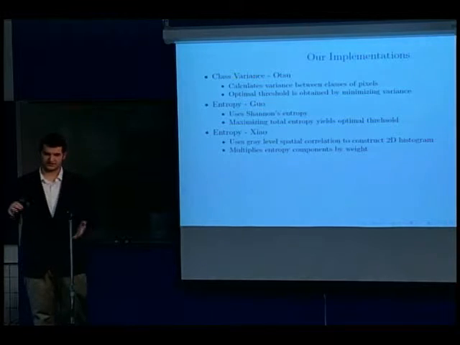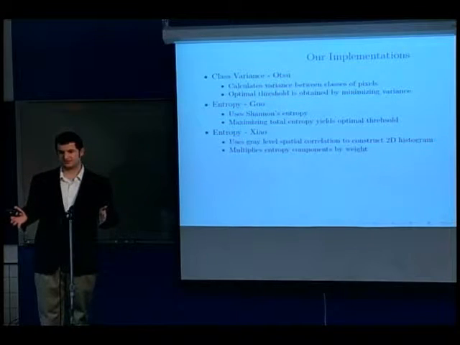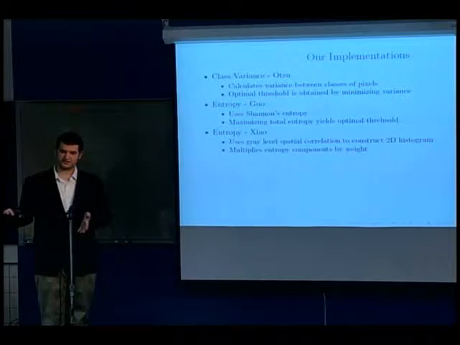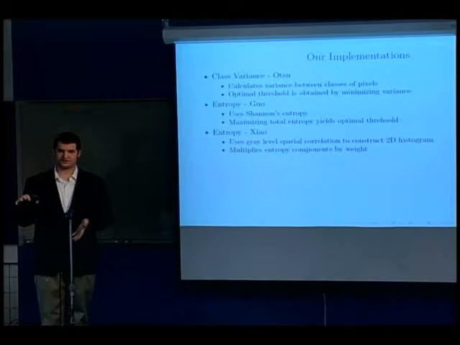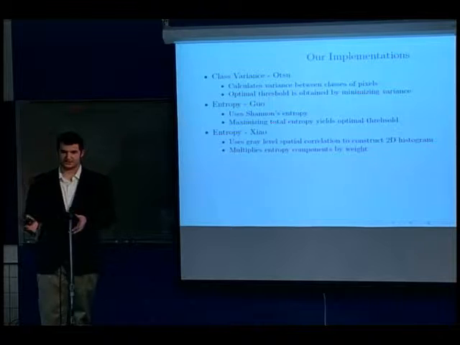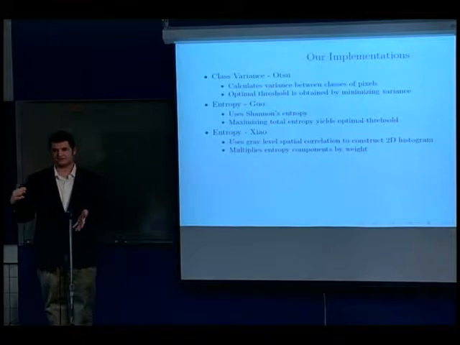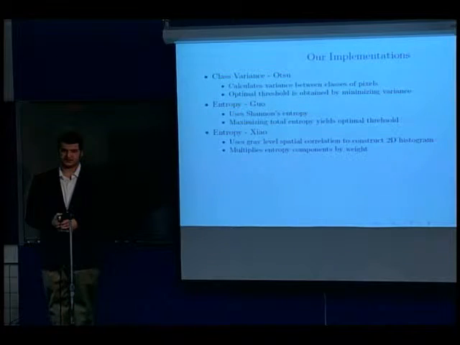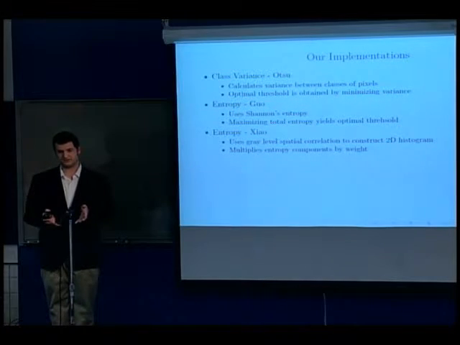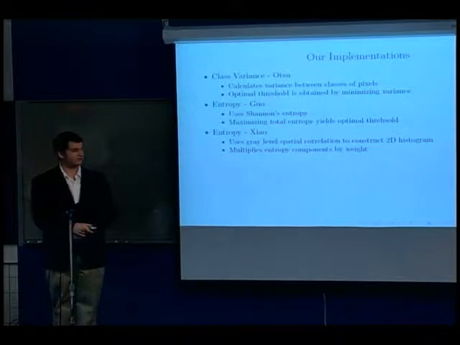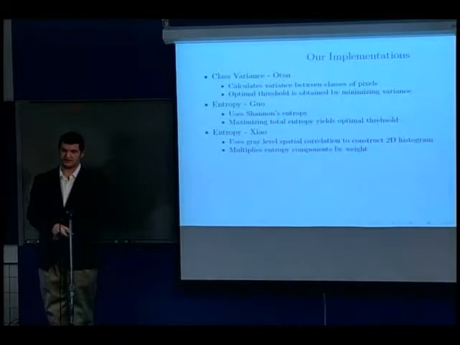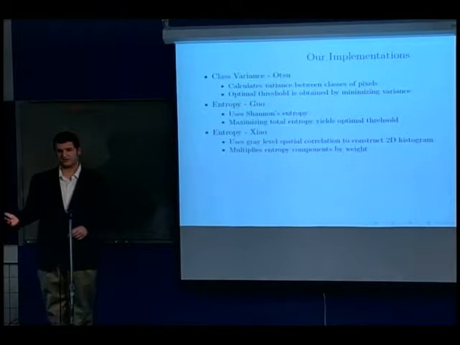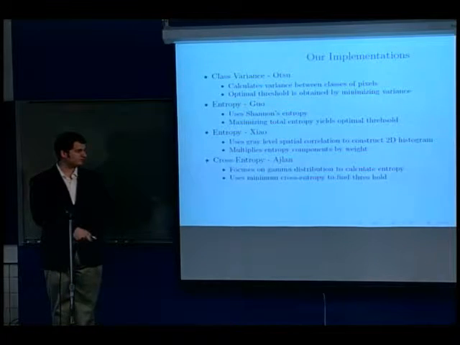It has the number of pixels at a particular gray level, but the second dimension is how many pixels at a particular gray level have similar neighbors. They call this the gray level spatial correlation histogram, which takes into account local windows. So it incorporates local data into the algorithm and uses entropy methods to maximize that, multiplied by a weight, and then you can get your optimal threshold.